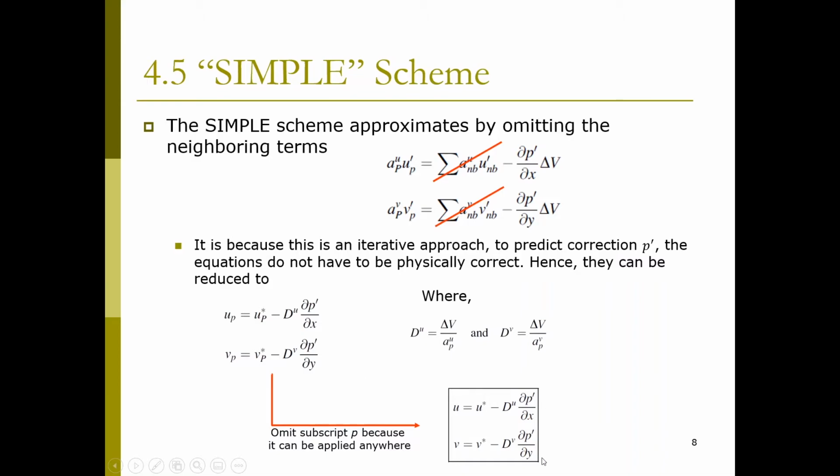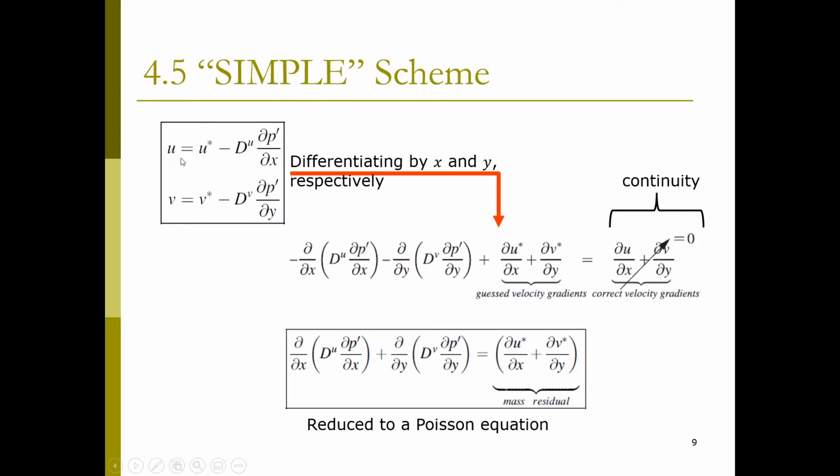And then we differentiate these two terms by x and y, and we add them up. So differentiate the top with x and differentiate the second momentum equation here with y, and add them. This is what we will get, where we put all the correct terms on the right.